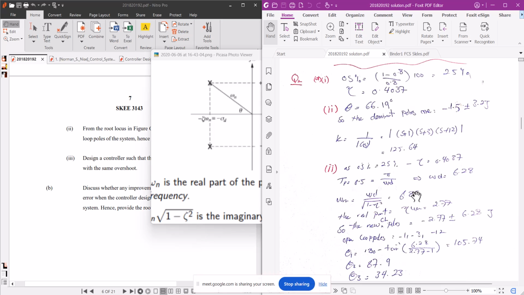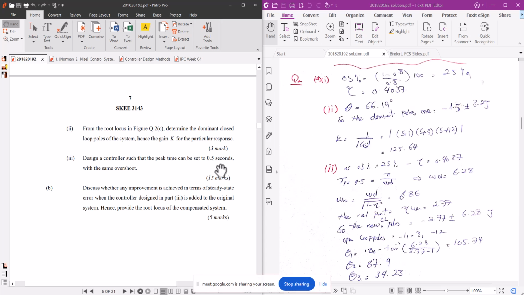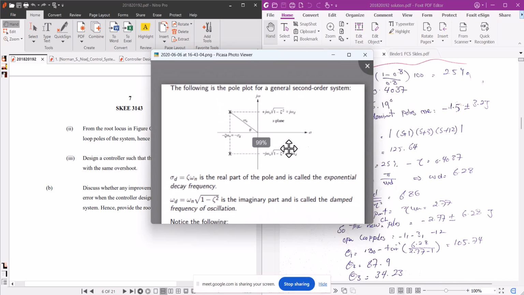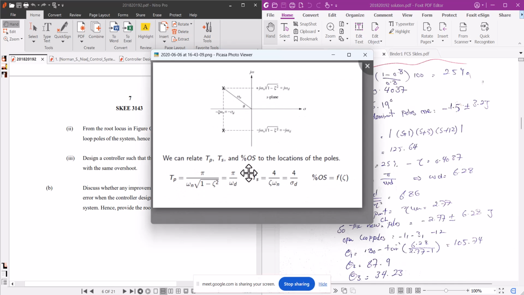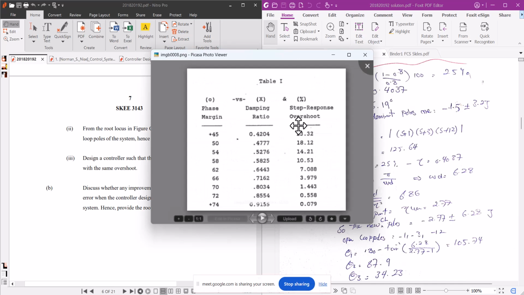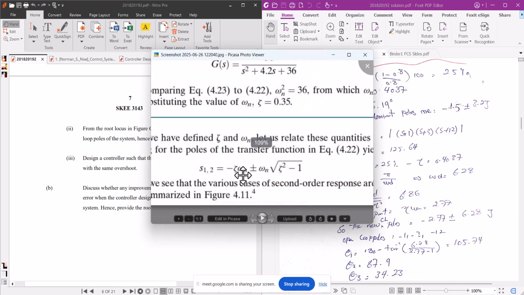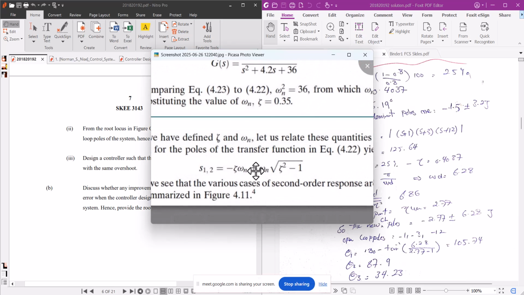Now calculate the new dominant poles. Your dominant poles will change because your peak time has become 0.5 second. The new dominant poles are minus zeta omega n plus minus omega n under root zeta square minus 1.